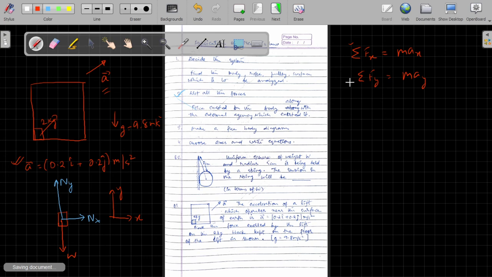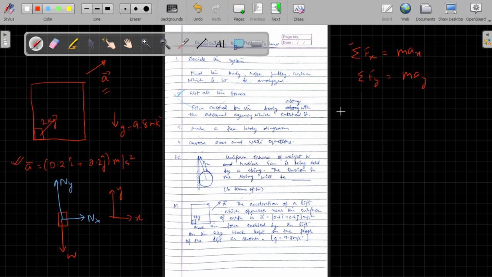Here writing the sum sign reminds us that we have to take the sum of all forces in x direction, and if not, take the component of forces in x direction like we took in the last case. So we will be doing this in this case also, and in all the questions from here on. So we know the mass of the block. The mass of the block is 2 kg, and let us start writing these equations.